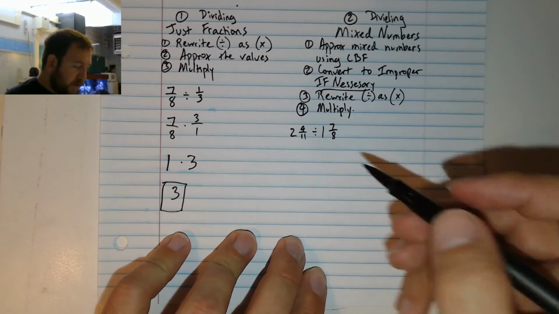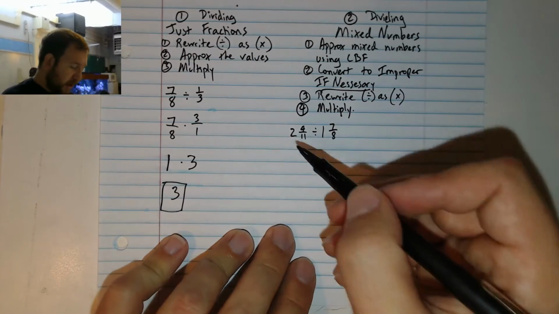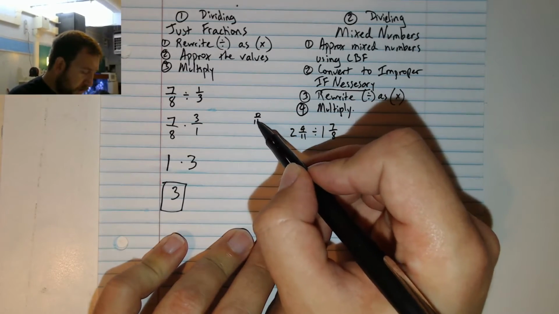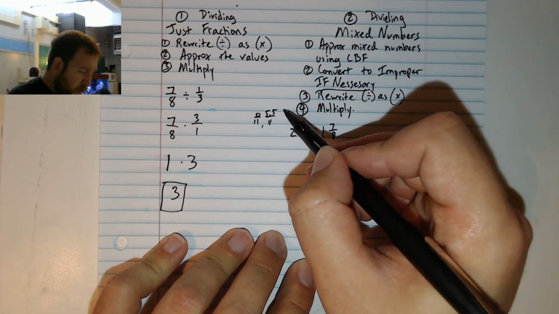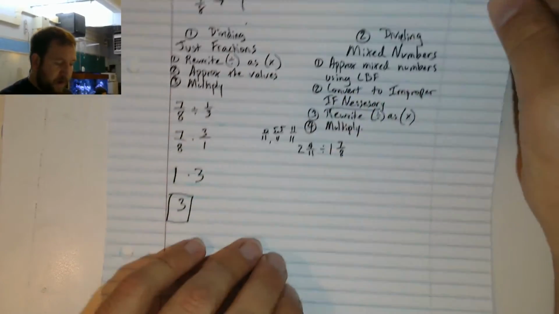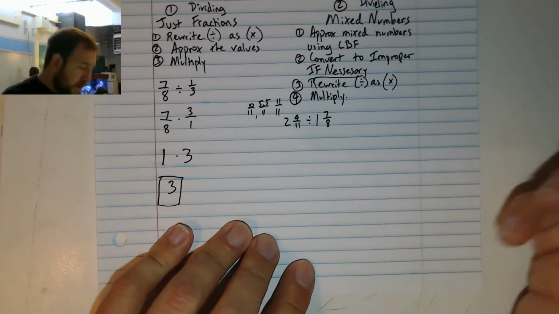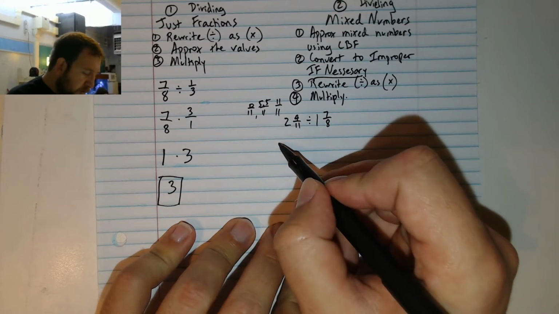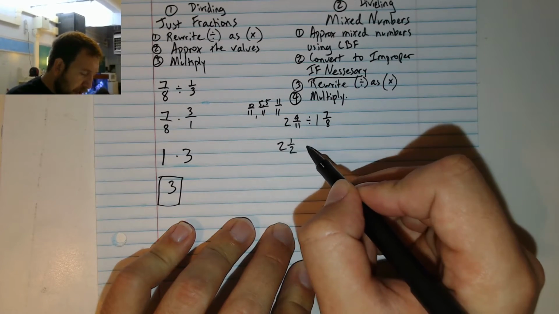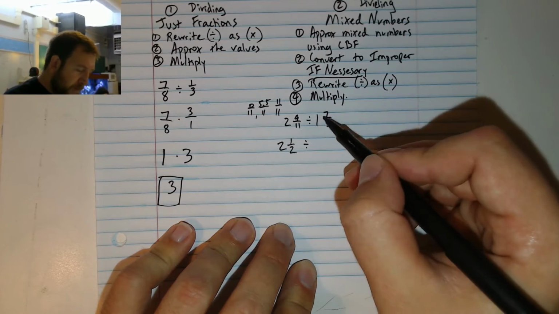Okay, 4/11. I'm not sure where that's going to be, so I'm going to check. Is it closest to 0/11, 5.5/11, or 11/11? I got this using the same way that we found our common benchmark fractions this whole time. Well, 4 is definitely closest to 5.5. So I can rewrite this as 2.5 divided by 1 and 7/8.